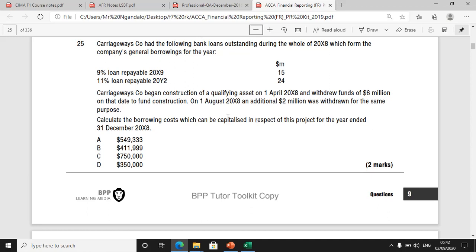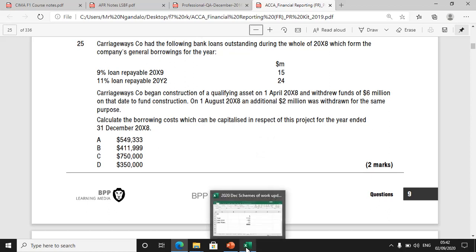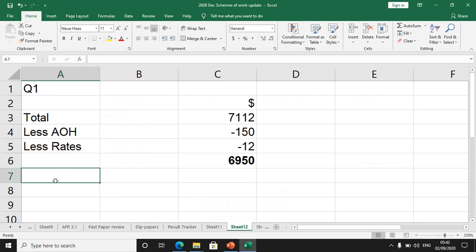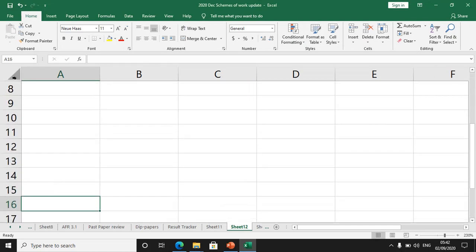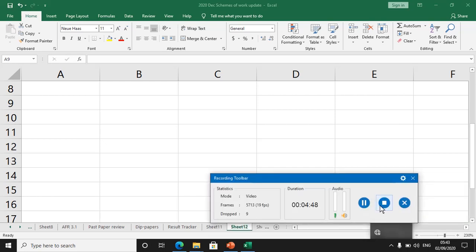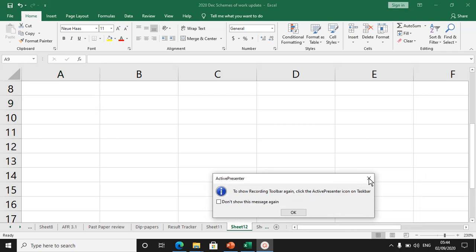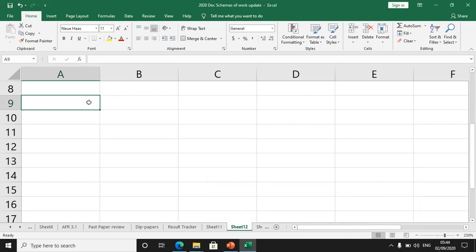Okay, so our job here is to initially get what we call the average interest rate. Again, this is not supposed to be very difficult to handle.